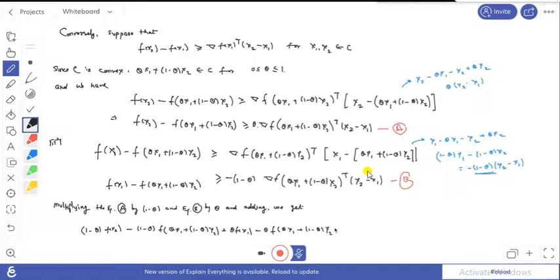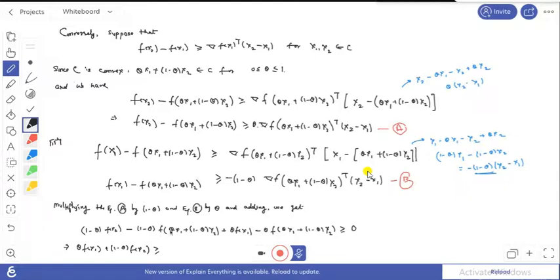So this is the left hand side. This is greater than or equal to, if we multiply by 1 minus theta and theta and add, this becomes 0. So this implies theta of f x1 plus (1 minus theta) of f x2 is greater than or equal to this term, which goes to the right hand side.